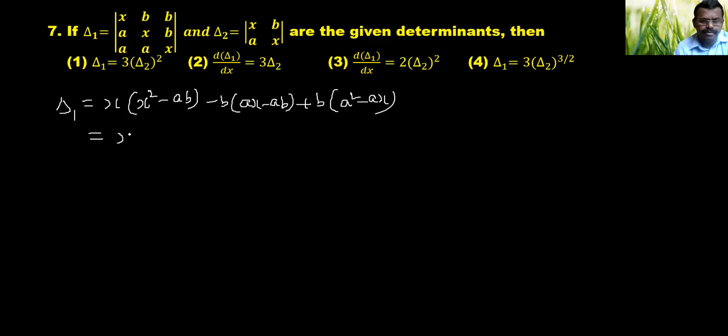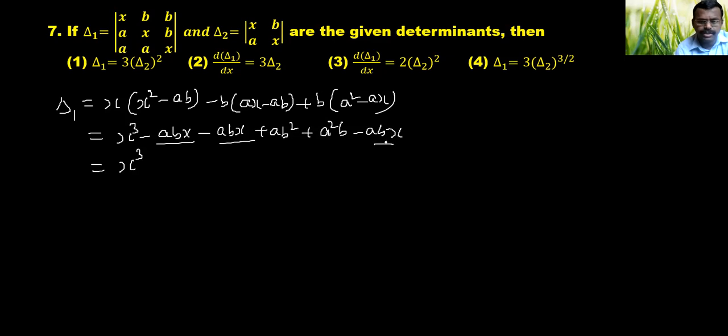If you simplify, we get x cube minus abx minus abx plus ab square plus a square b minus abx. Okay. So further simplification, we get x cube. So abx one term, two terms, three terms.